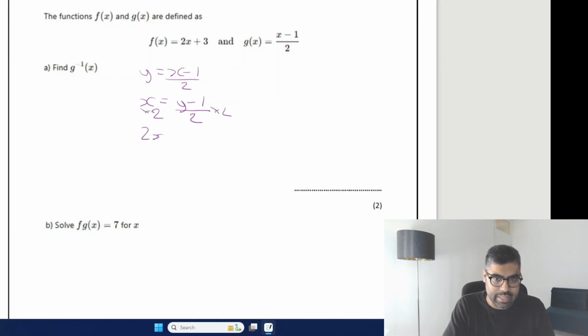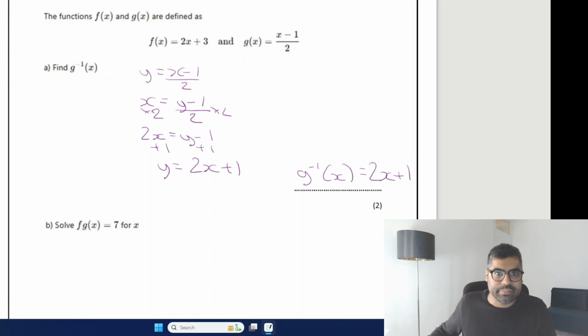Gives you 2x equals y minus 1. We're then going to add 1 to both sides. So we have y equals 2x plus 1. And now we're going to replace the y, because remember y was our g of x, except in this case we would now have the inverse function. So we're going to have g minus 1 of x equals 2x plus 1. So as easy as that.